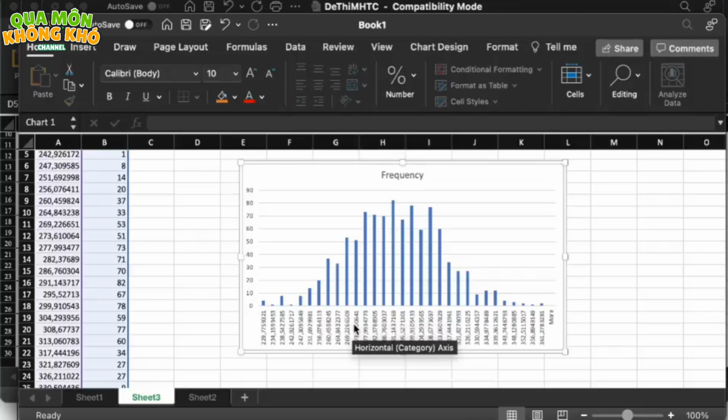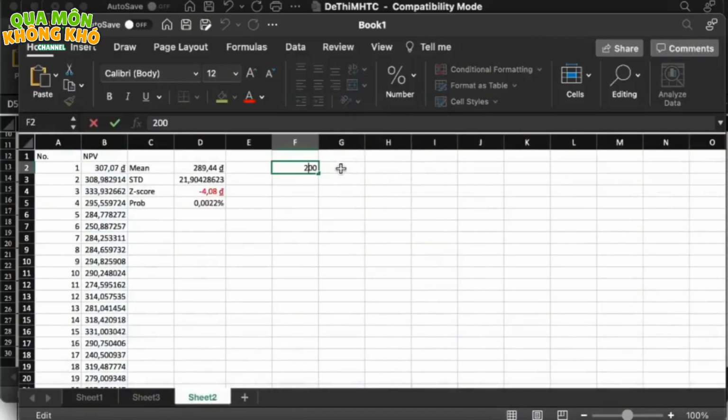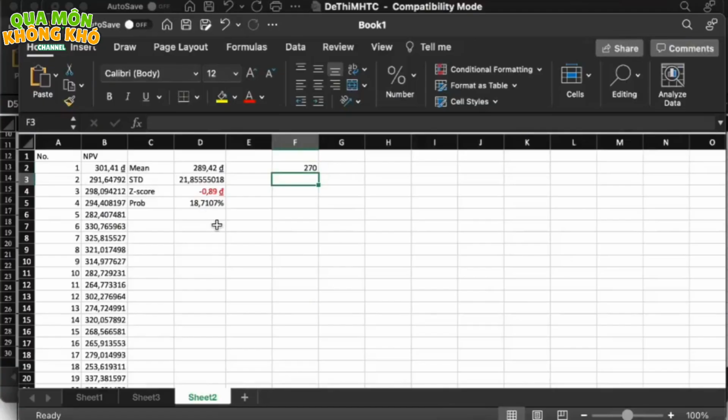So 270, just try this. So the probability is 18.7% that our MPV will be less than $270 million.